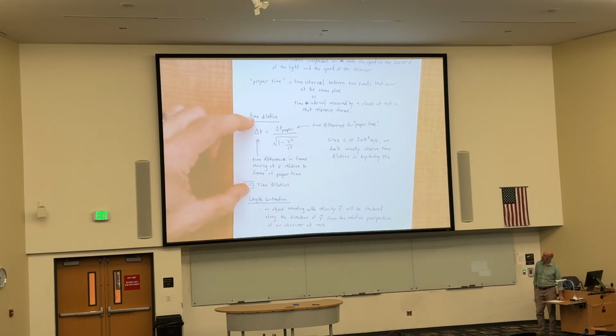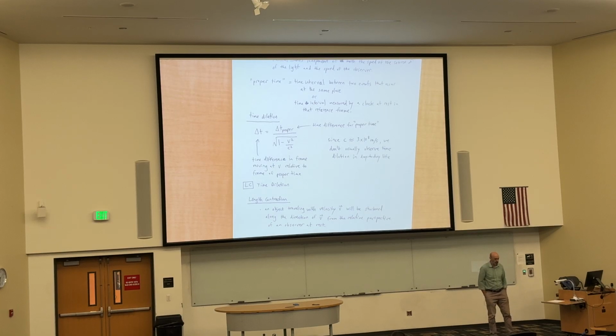So first we said that different observers will experience time differently, or you will see time ticking slower in a moving reference frame that's moving relative to you at some speed close to the speed of light.